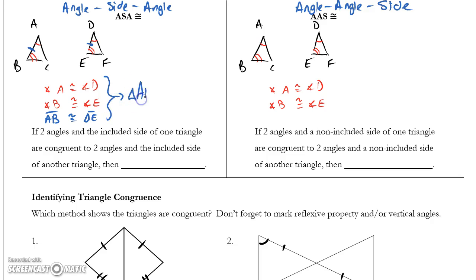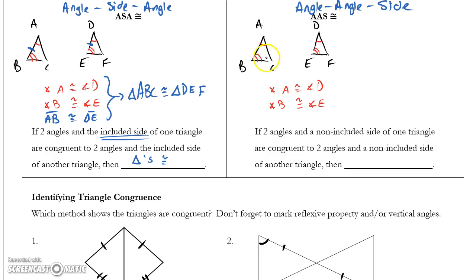My triangle ABC is congruent to triangle DEF: A and D match up, B and E match up, which means C and F match up. Because I have two angles and the included side of one triangle congruent to two angles and the included side of another, that's what allows me to prove my triangles are congruent.